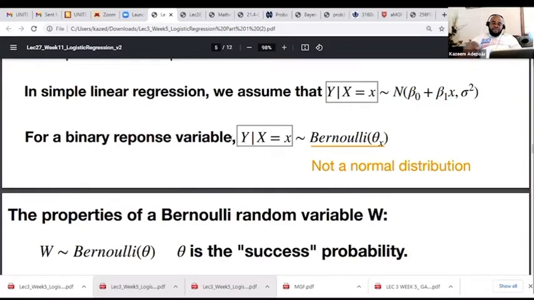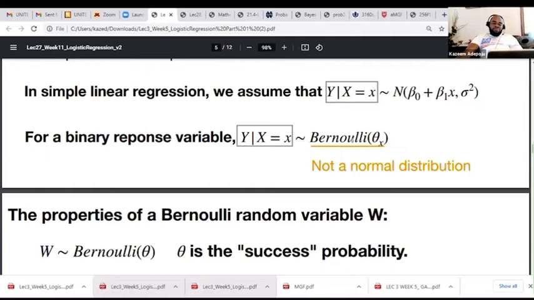Because in the current example, where we are talking about whether the ring will be damaged or not, it means we have two possible outcomes for the response. Therefore, because you have two possible outcomes, the distribution is going to be Bernoulli.